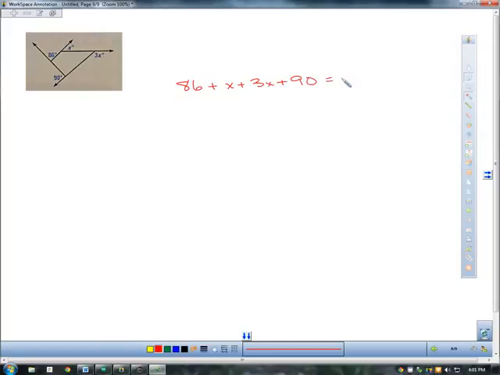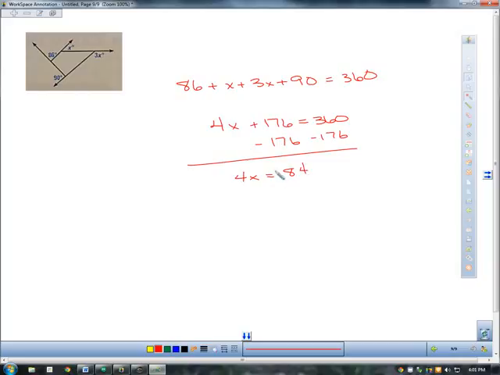So I'm going to add everything up to equal 360. So if I combine like terms, I get 4x plus 176 equals 360 degrees. Subtract out both sides. 4x equals 184. And then if I divide by 4, I get x is 46. Okay?